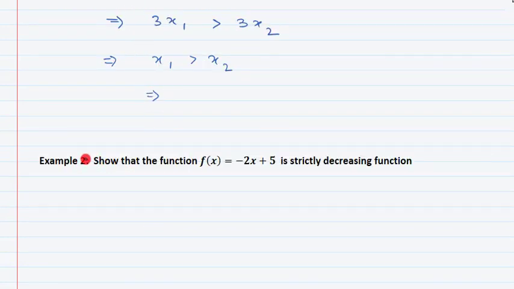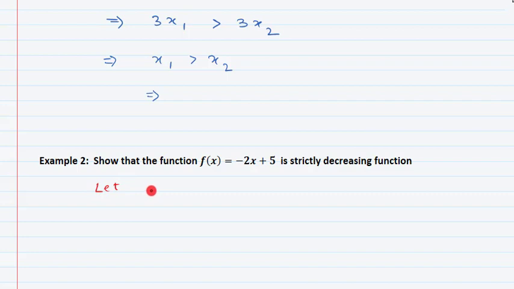I would like to take the next example, according to which we need to show that the function f(x) is equal to minus 2x plus 5 is strictly decreasing function. So to prove this, we'll proceed in the same manner: for x1 less than x2 implies the result f(x1) greater than f(x2), or we can start with f(x1) and f(x2) also.